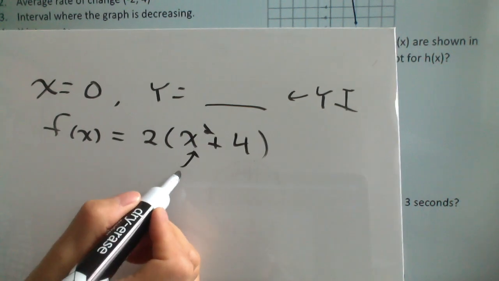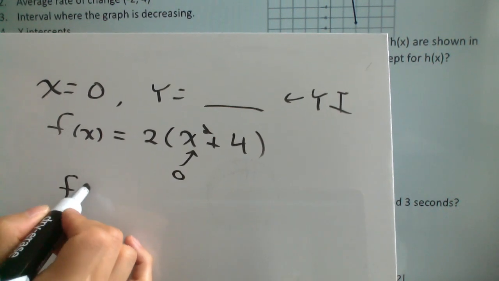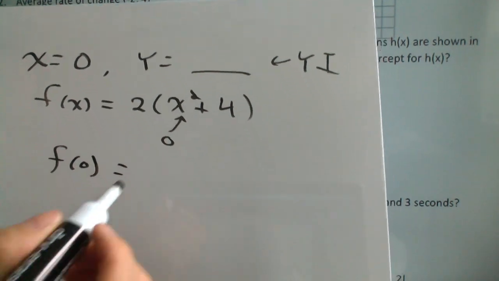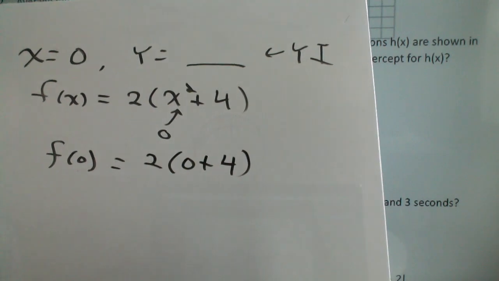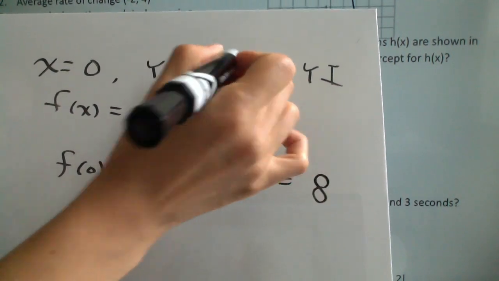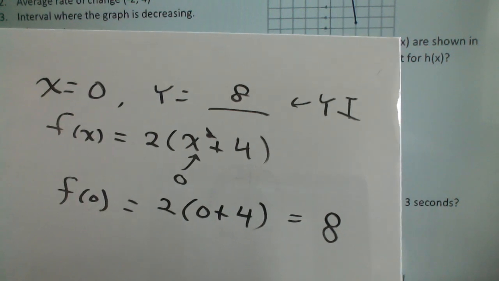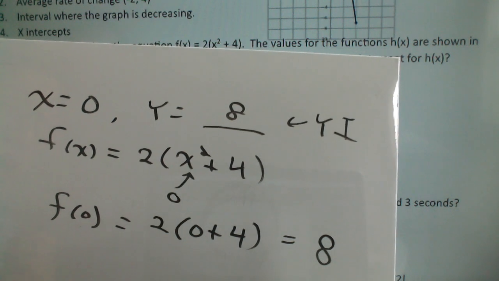I'll put 0 here. Then what do I get? f(0) is 8. So we found that f(x)'s y-intercept is 8.